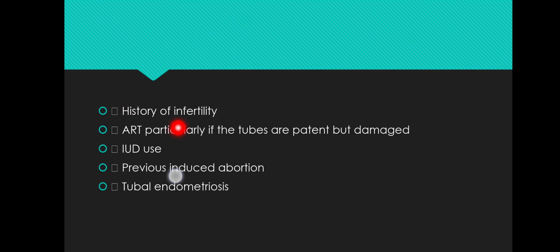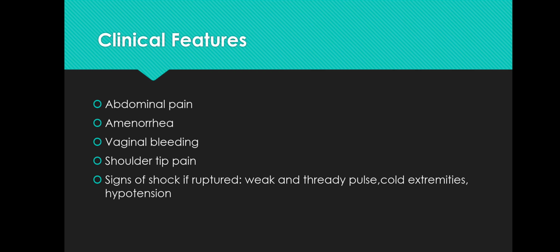Then assisted reproductive technology, particularly if the tubes are patent but damaged, is also another risk factor. IUD use is another risk factor. Previous induced abortions is also another risk factor. Tubal endometriosis is a risk factor. So these are some of the most common risk factors for developing ectopic pregnancy.